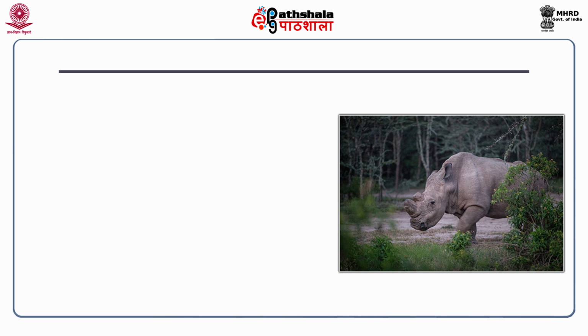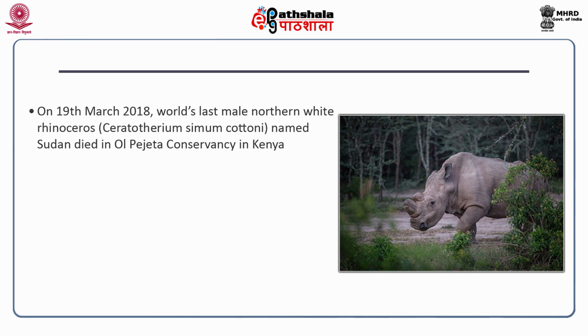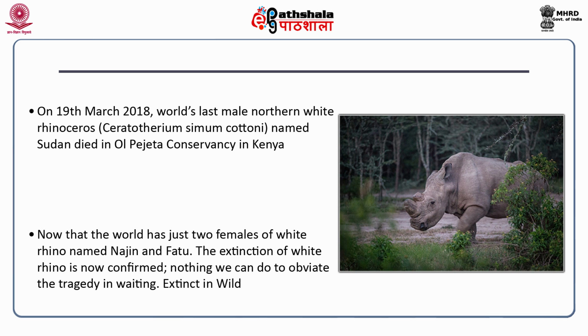One example is the white rhino. Last March, on 19th March of 2018, a few weeks from today, the world's last surviving male white rhino has gone. The rhino has died in a conservatory in Kenya. So, now the world has just 2 females of white rhino, named Najin and Futu.